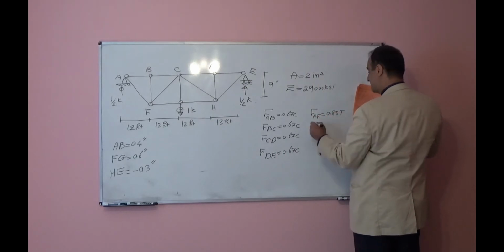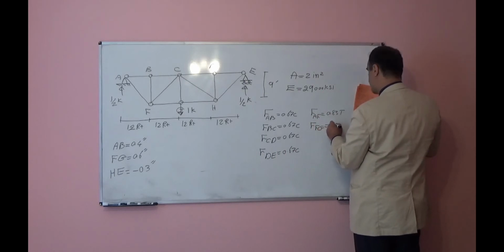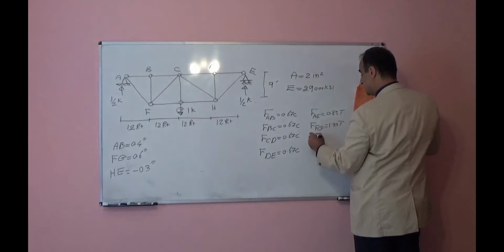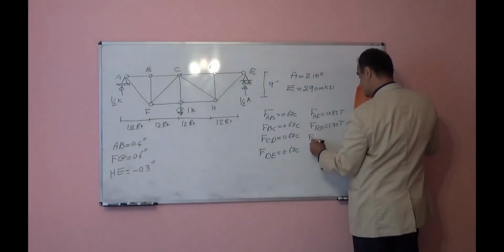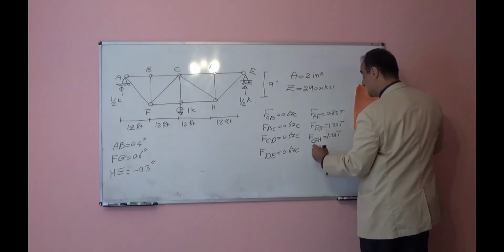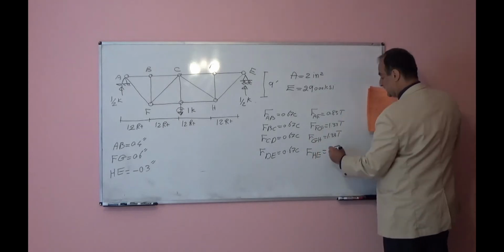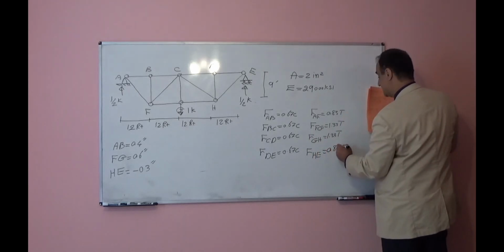0.83 tension, force in member FG will be 1.33 tension, force in member GH will be 1.33 tension, force in member HE will be 0.83 tension.